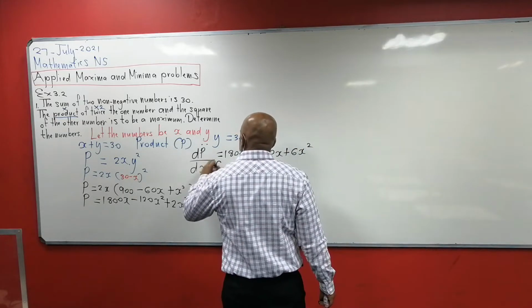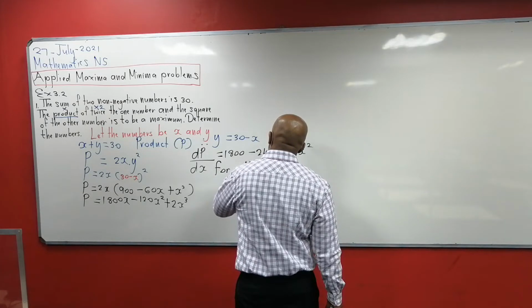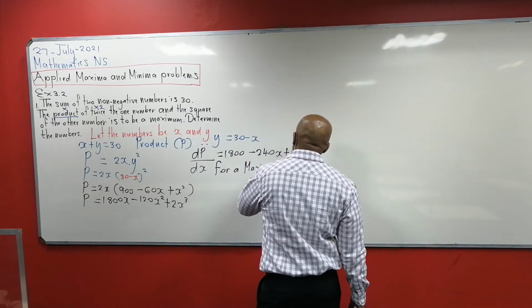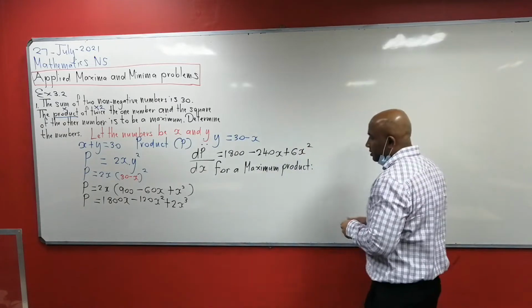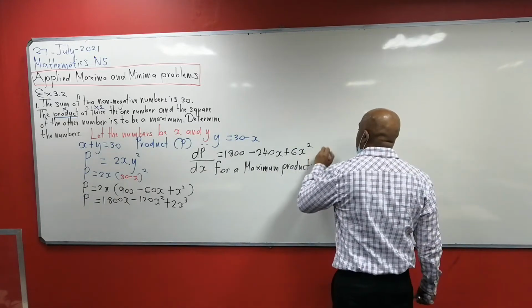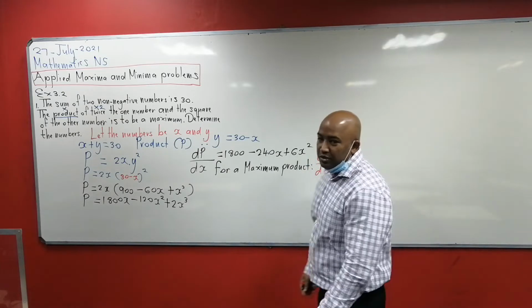Right, so for a maximum product, what do we do? We make dp over dx equal to 0.